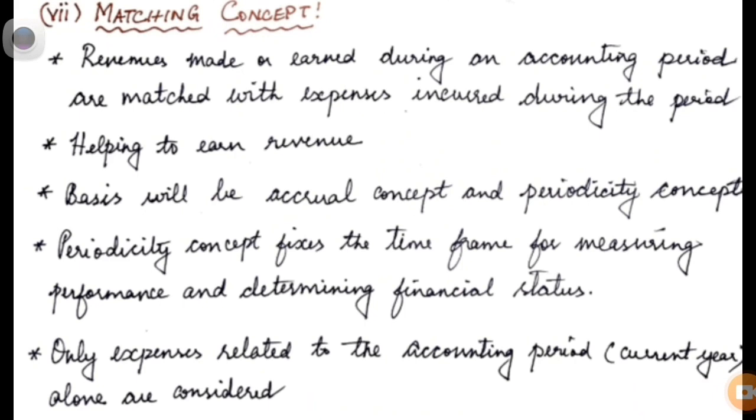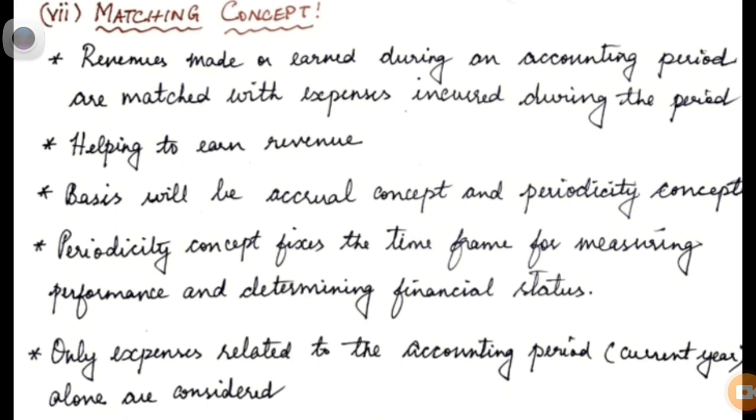We were discussing the periodicity concept just some time back, which means that we try to measure the performance. By measuring performance during a particular year, for example one accounting period, it will help them to determine their performance during that time frame.